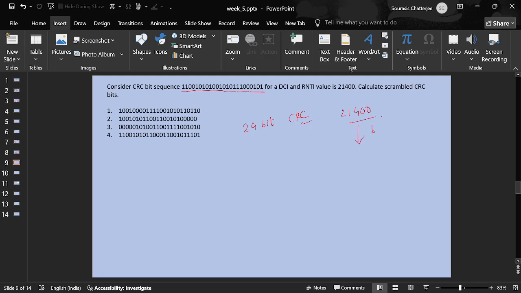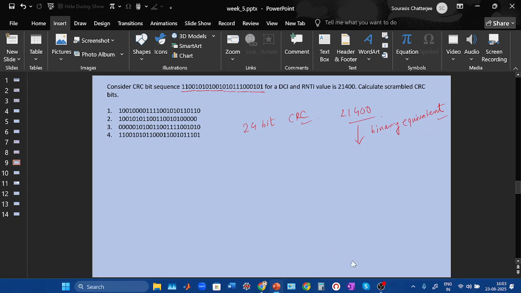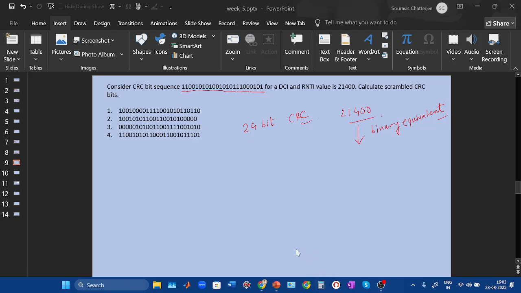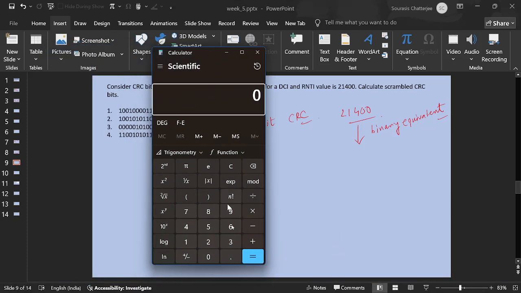So I need to have the binary equivalent of this. 2 to the power 10 is 1024, and 2 to the power 15, let me calculate once, is 32768. Okay, 32768, and this is 21400.